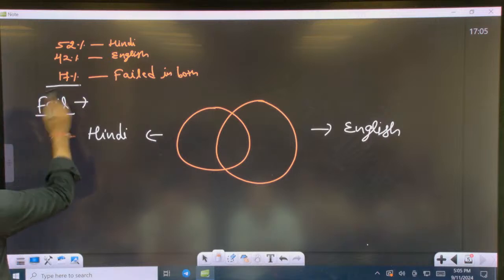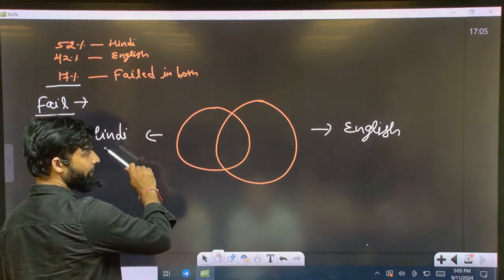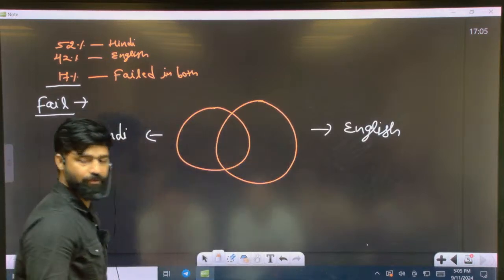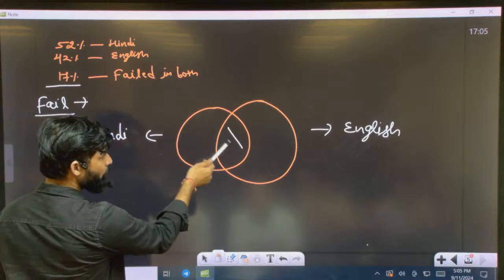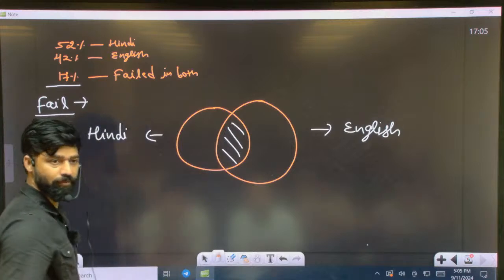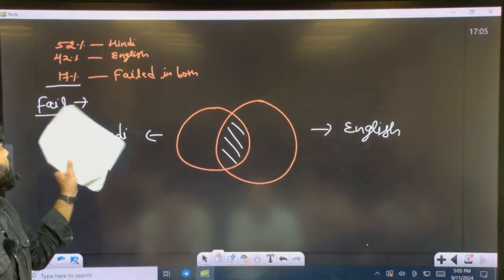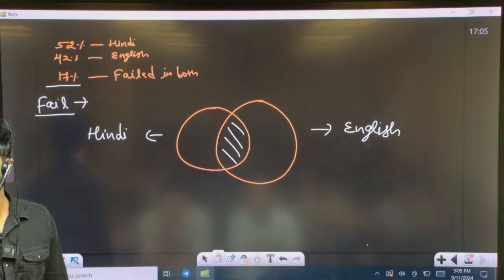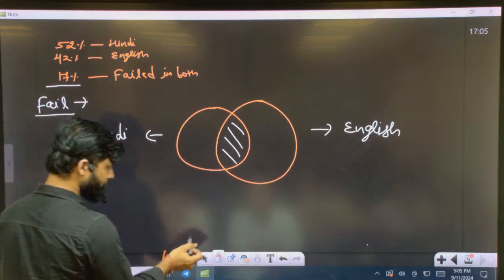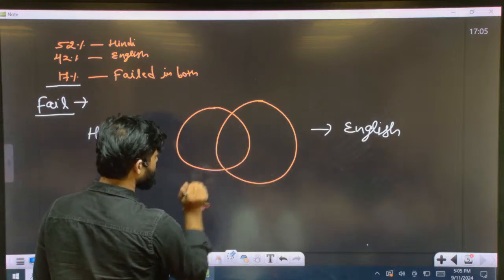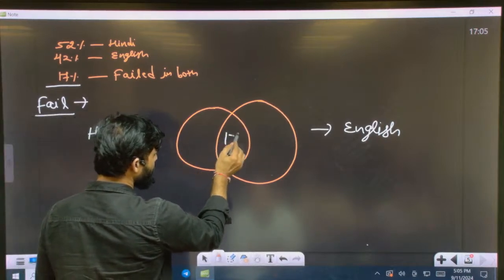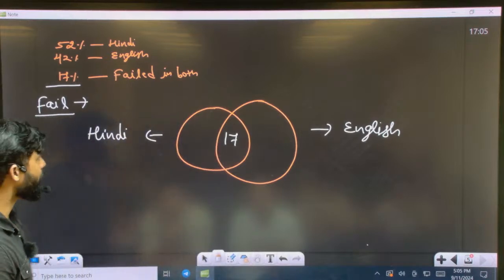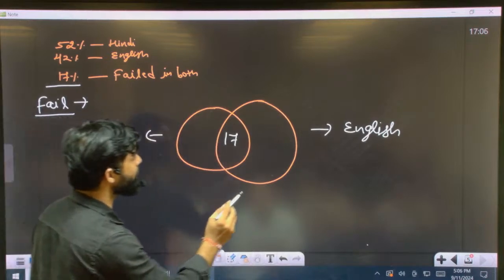So 17% students failed in both. It means they failed in Hindi and they failed in English also. Any problem? So this is the common part for Hindi and English. If I take the data for fail students only, I can say that this value can be 17 if I take the total number of students who appeared in the exam as 100.